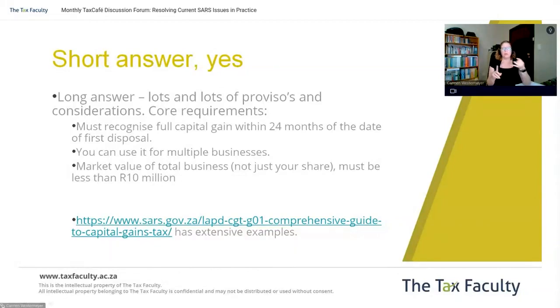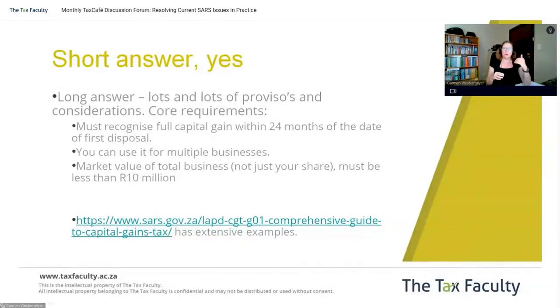Secondly, there's no restriction which says that you can only apply this to one and not to multiple businesses, right? However, there is a cap which says the small business exclusion is only available if the market value of your total business is less than 10 million rand.